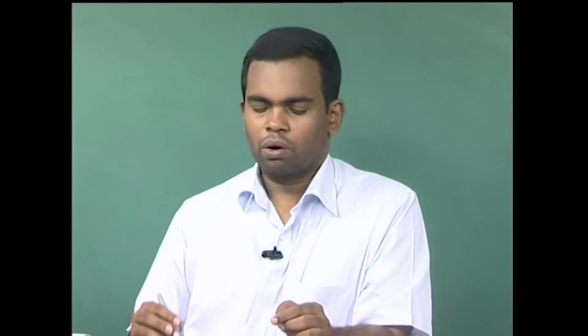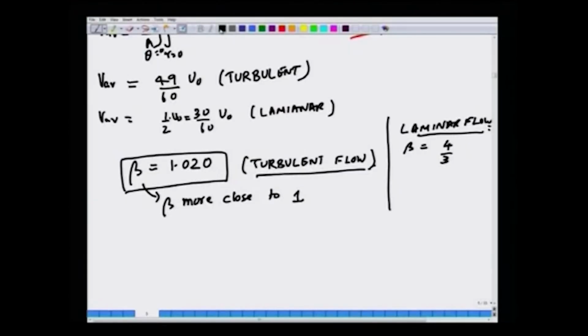Okay. So, whenever you have flow through pipes or channels, in order to compute the momentum flux term, which is essentially this, you want to be able to write this, let us take one component, as rho v average squared beta times the area.